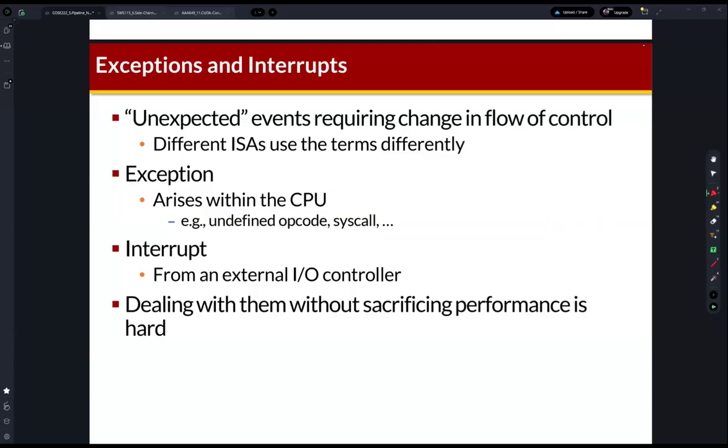So it's kind of an unexpected event in a CPU. The CPU needs to handle these unexpected events, and these unexpected events are called exceptions.